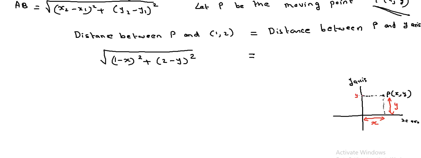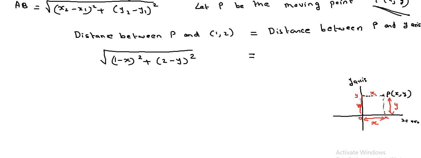So from 0 to x the distance is x, and from 0 to y the distance is y.